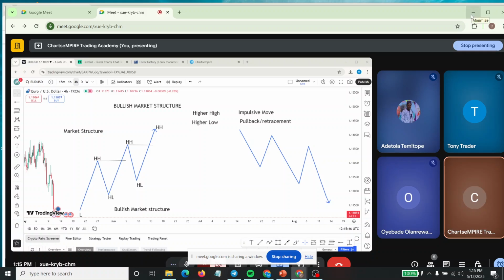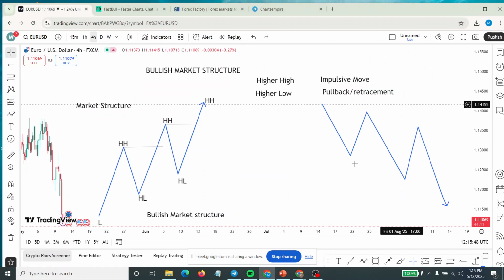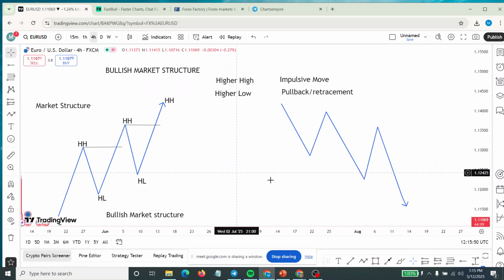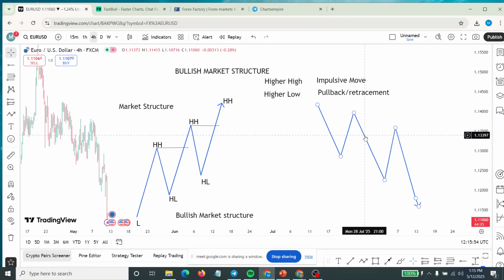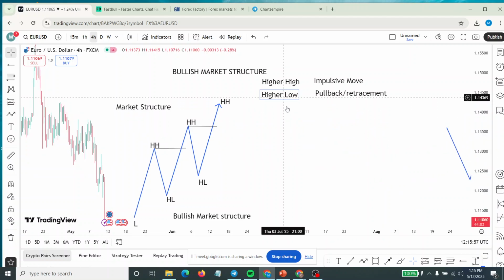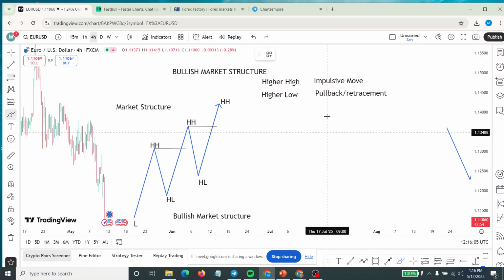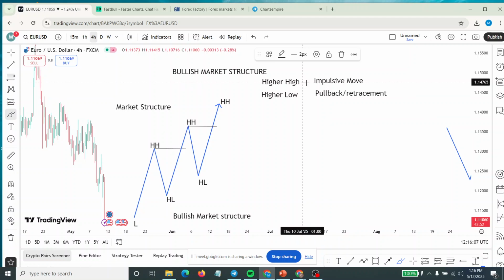So in this scenario we can say the components of what makes up a bullish structure: for us to see a higher high, it has to be an impulsive move, and for us to see a higher low, that is our pullback or retracement.